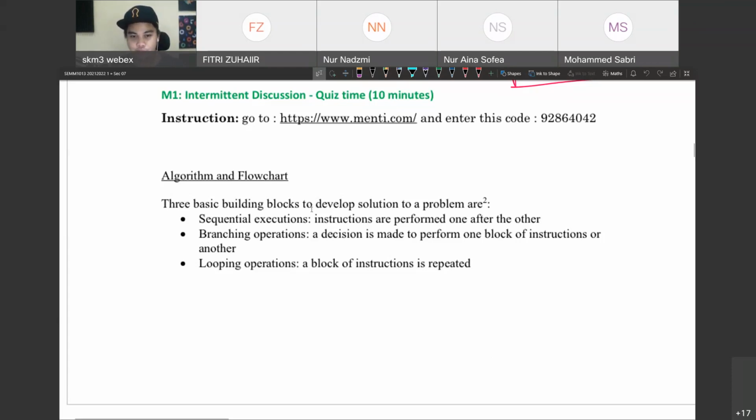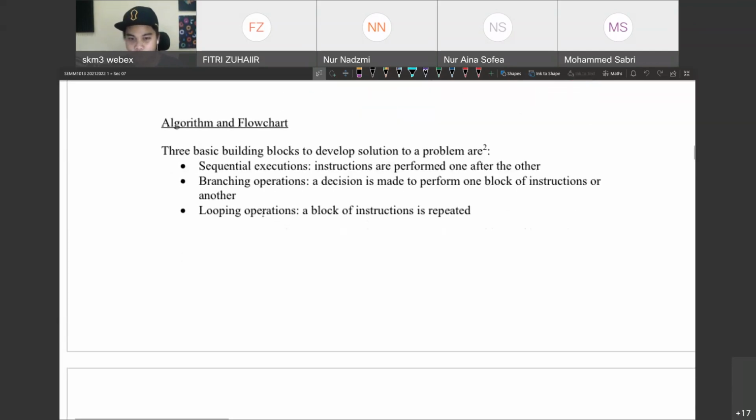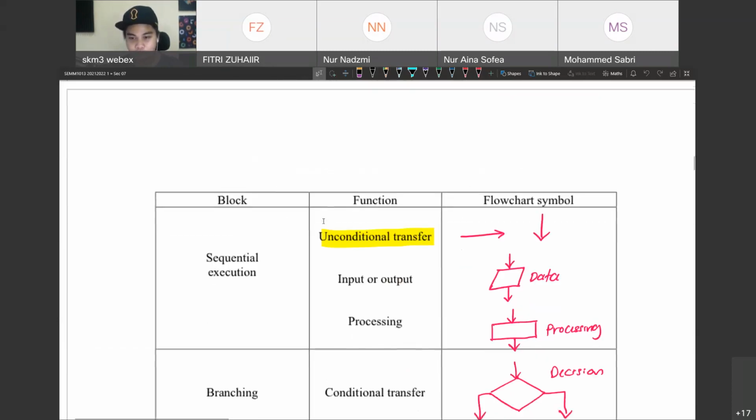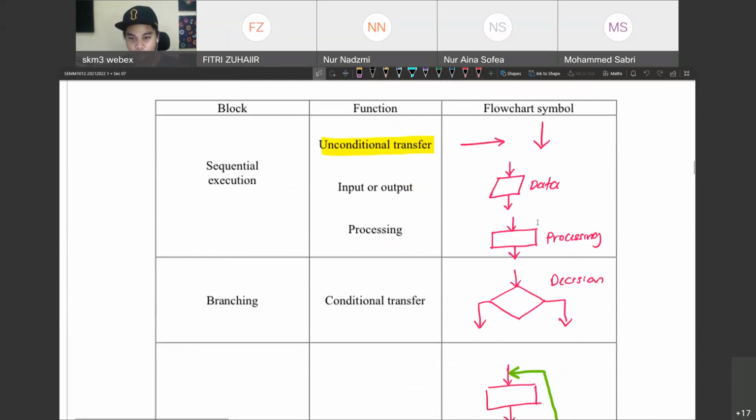So three basic building blocks to develop a solution to a problem are, for the entire course of your programming, you must master these: how to do the sequential execution, how to do the branching operation, and lastly, the looping operation. So we cover this.